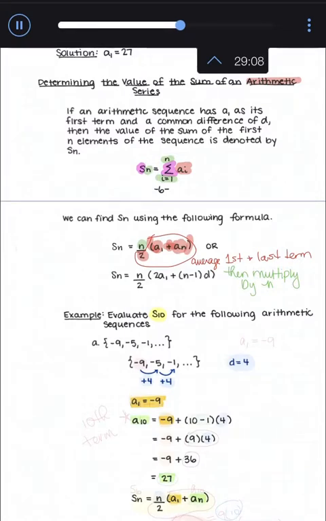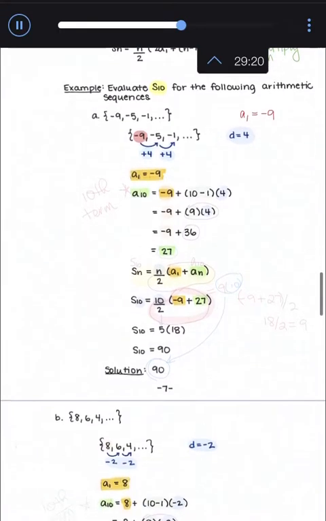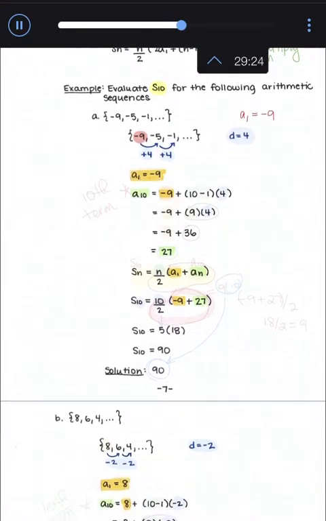So we've got one thing. We know what the first term is, -9. That's a huge, important first step. So A1 equals -9. We also can figure out what the common difference is, because the common difference is how you get from one term to the next. Well, we're going from -9 to -5, which is a +4 right off the bat.